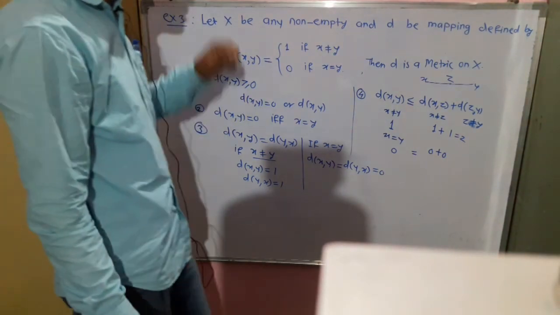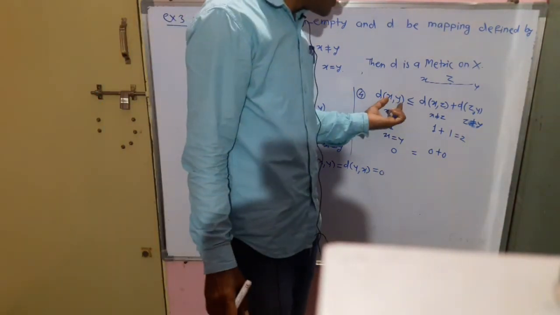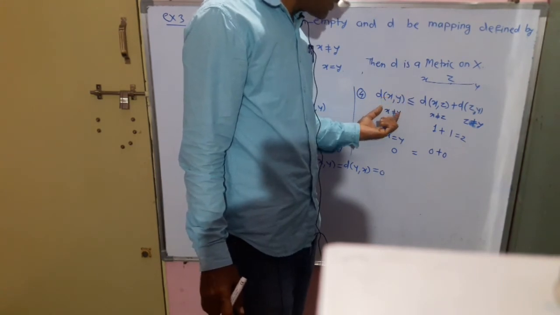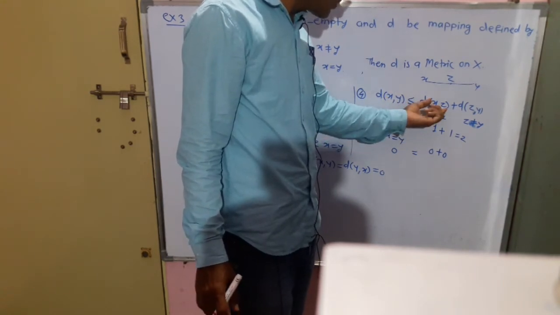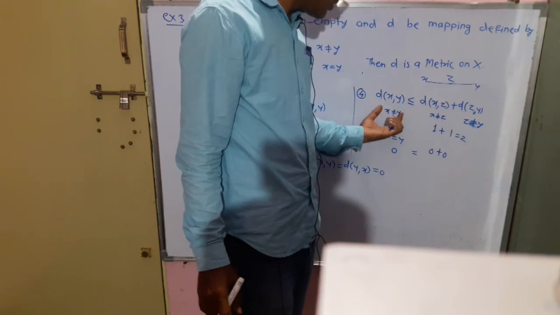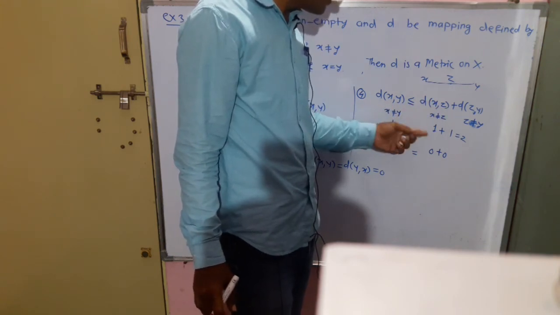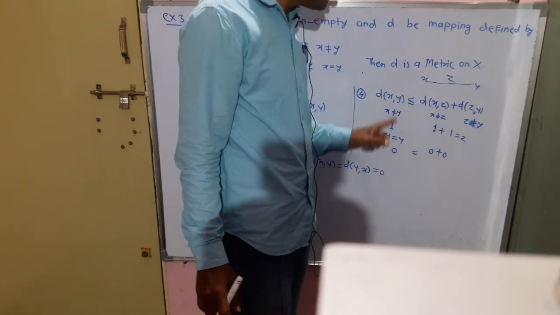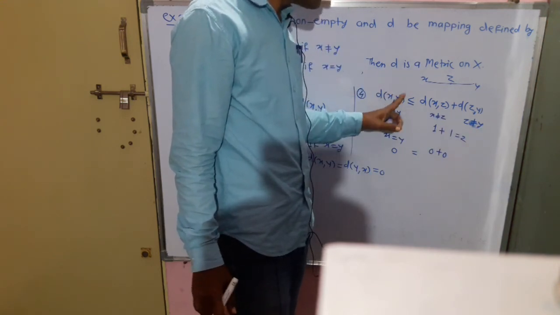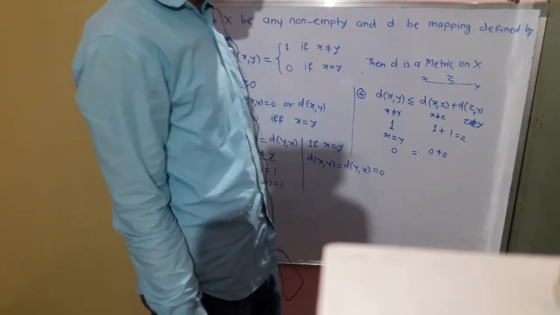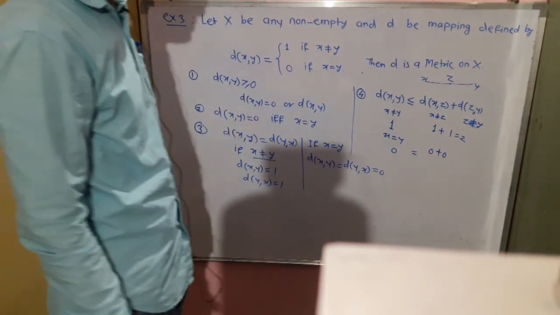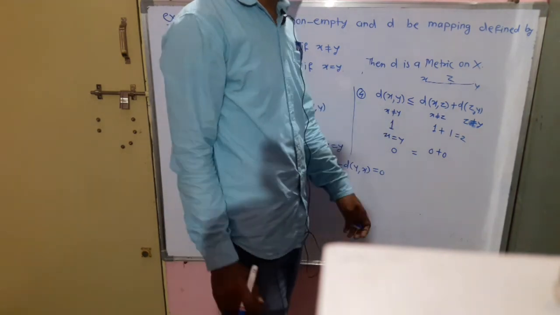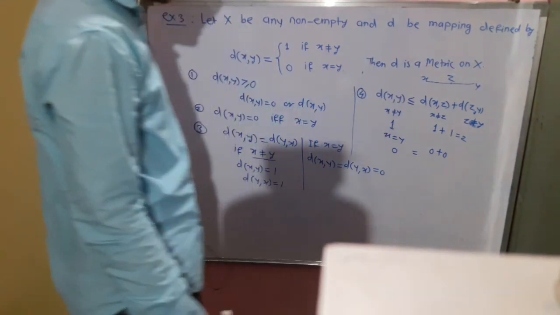Further, suppose x and y are distinct, but x is equal to z and z is equal to y. This is not possible. So for all the possibilities, the triangle inequality is satisfied.